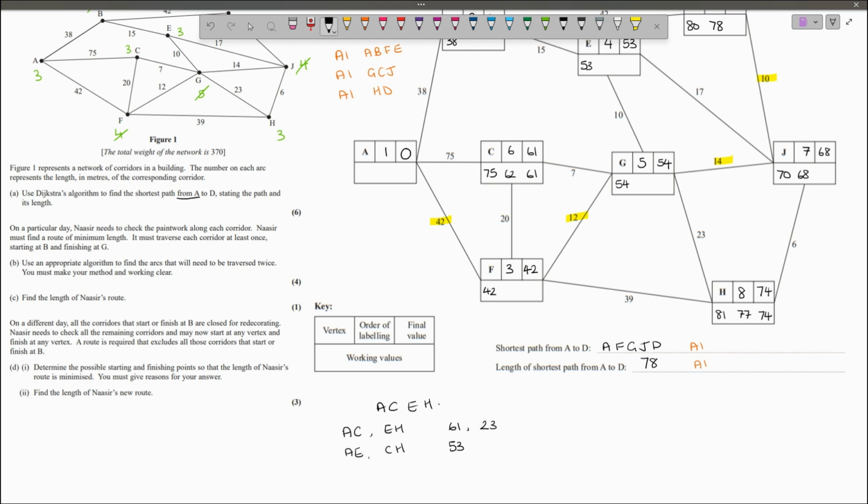That's going to give us 59. We can go shorter. We can do 7 and 23. That's going to give us a distance of 30. But we've already seen that going G to J to H is quicker than G to H directly when we perform the Dijkstra algorithm. So going C to G to J to H actually gives us a total length of 27.